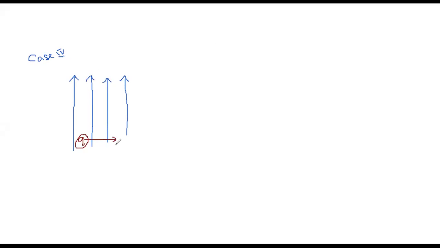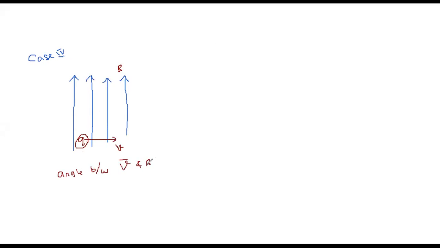We are discussing case 4. There is a magnetic field, and the charge is entering perpendicular to the magnetic field with velocity v. What is the angle between B and V?